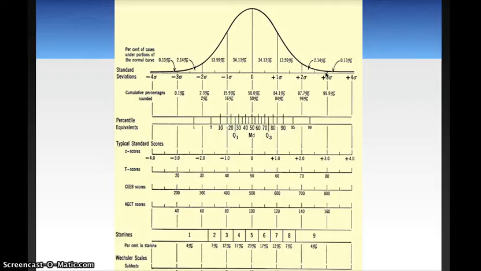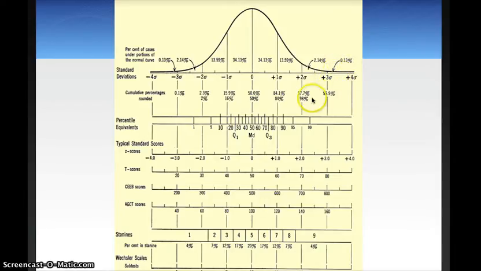We're going to know that, for example, if you want to know the probability of getting a value in this area, that's 3 standard deviations above the mean, if your values are normally distributed, you know that the chance of getting a value of 3 standard deviations or higher is 0.13%. That's the percentage of values that are actually in this area.